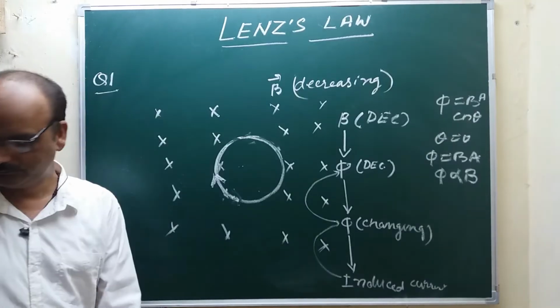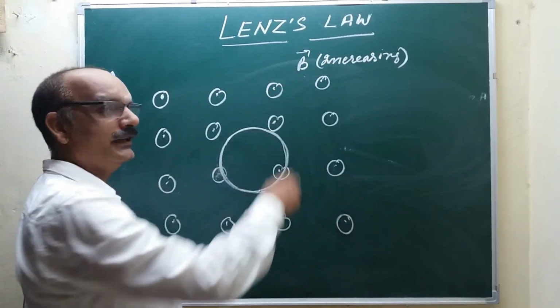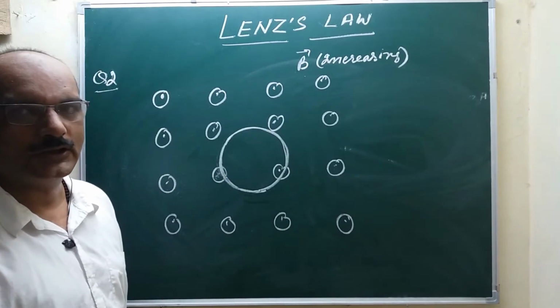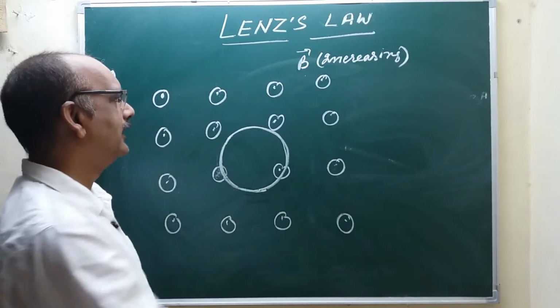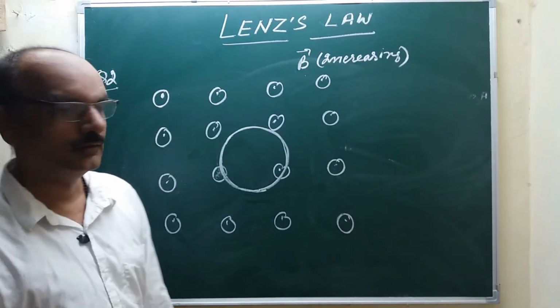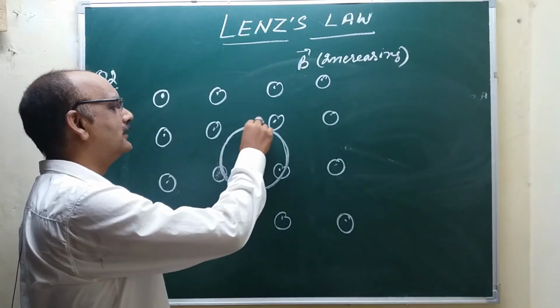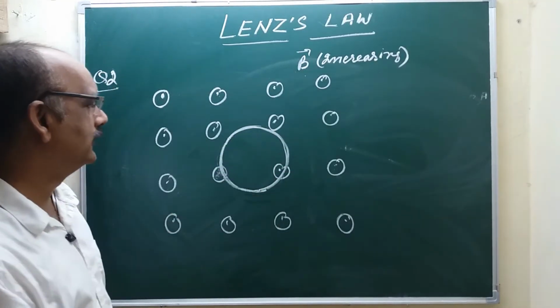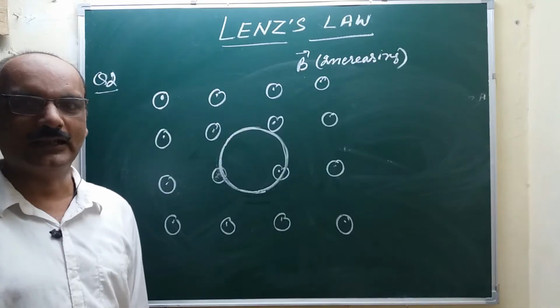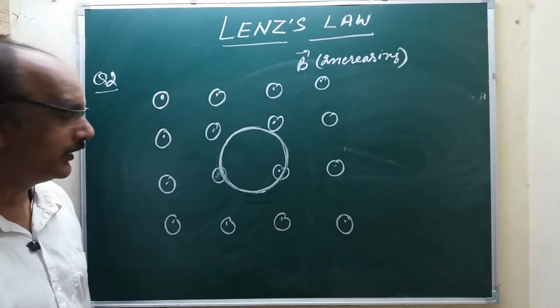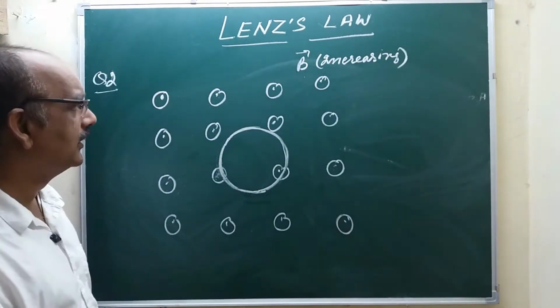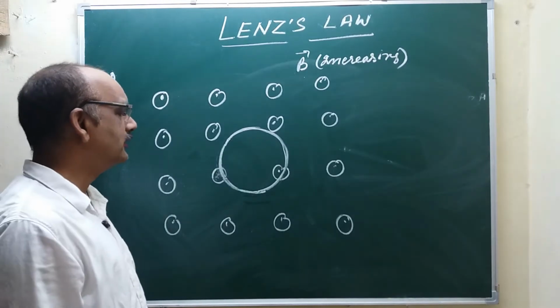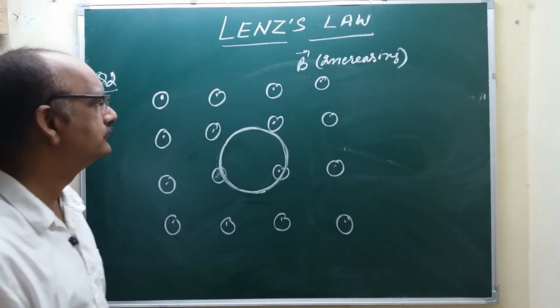Question number 2. Here the magnetic field is in outward direction and it is increasing, and a coil is placed in this magnetic field. Now we have to give the direction of induced current in this coil. Let us see why induced current will be produced here.